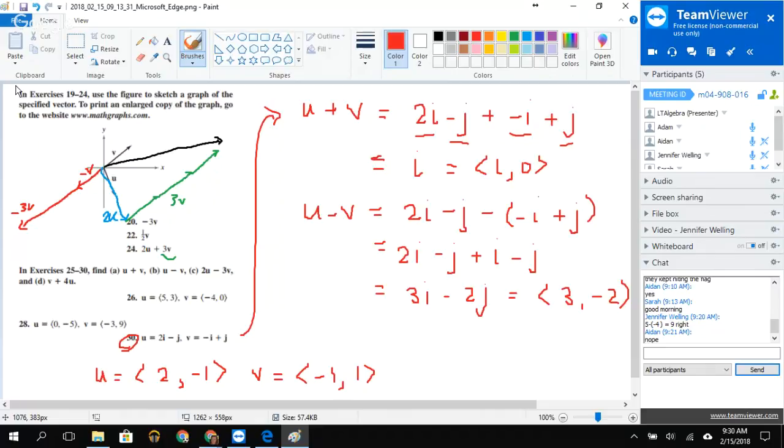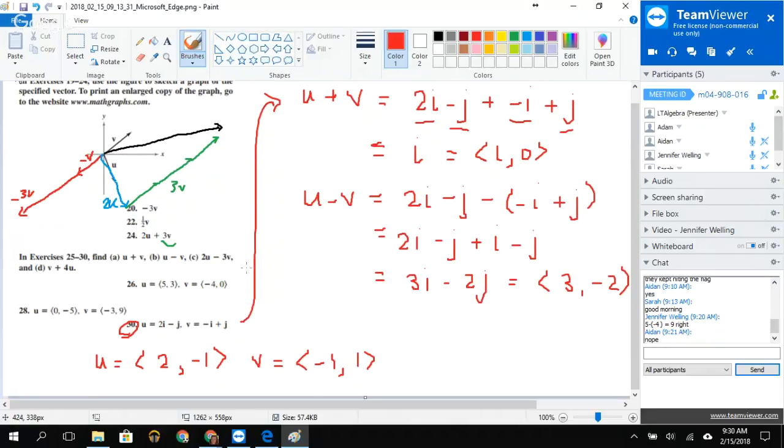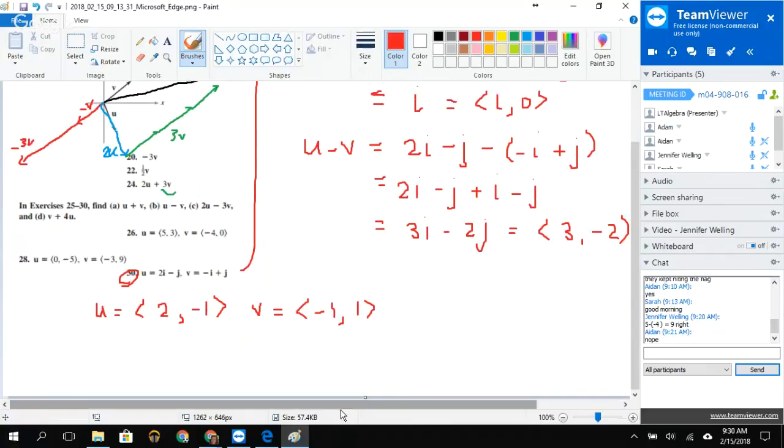Where it might make it a little easier is when you're doing example C, where you have 2 times u minus 3 times v. I don't know if it's easier or not, but just different.